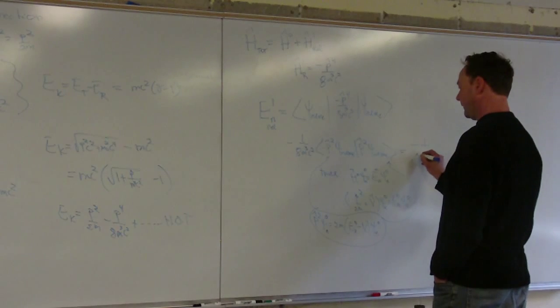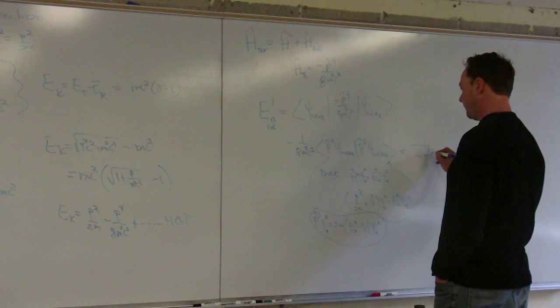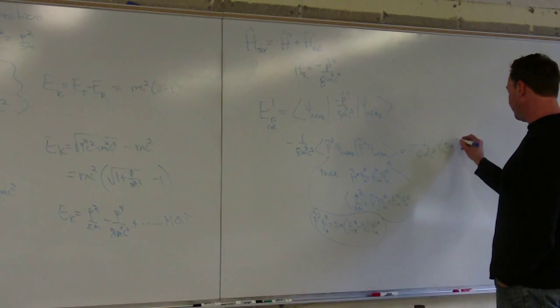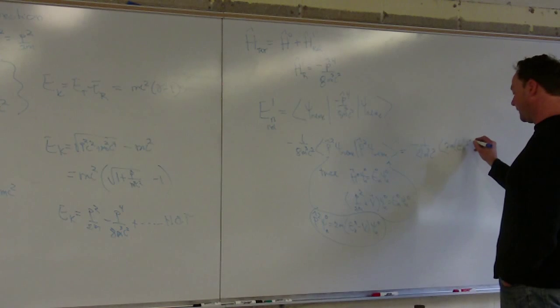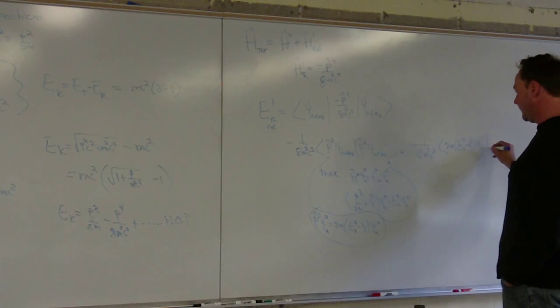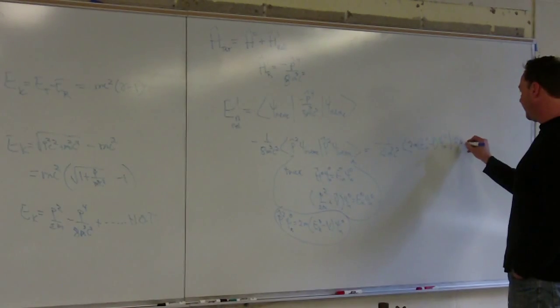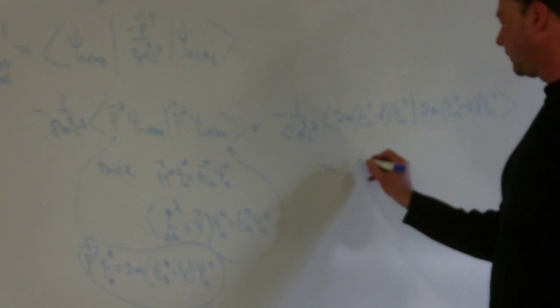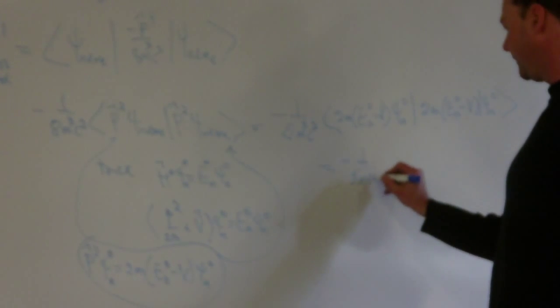Gets minus 1 over 8m cubed c squared, and then this thing is going to be 2m times En0 minus V times psi n0. And over here it's also 2m times En0 minus V times psi n0, which comes out to be 4m squared, so it's going to be minus 1 over 2m c squared.